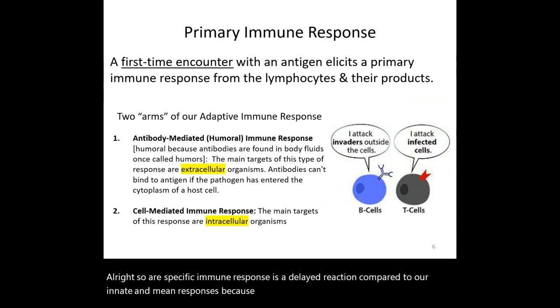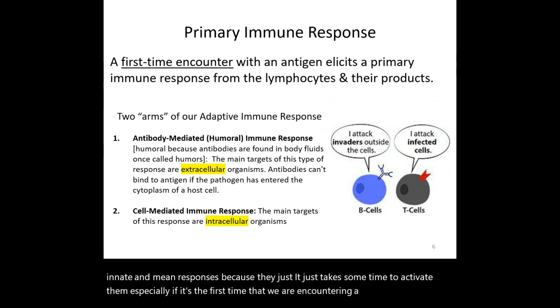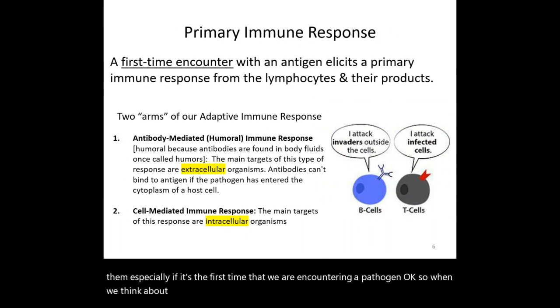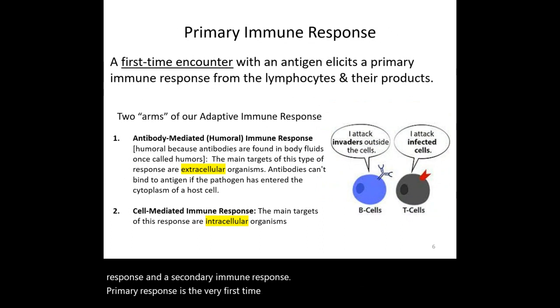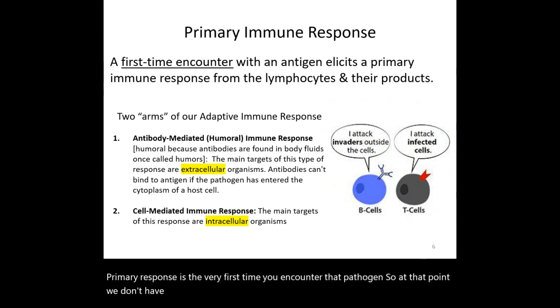Our specific immune response is a delayed reaction compared to our innate immune responses, because it just takes some time to activate them, especially if it's the first time that we are encountering a pathogen. So when we think about our specific immune response, we have a primary immune response and a secondary immune response. Primary response is the very first time you encounter that pathogen. At that point, we don't have antibodies made against that pathogen because it's new.